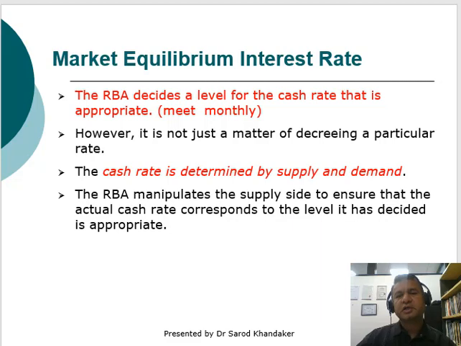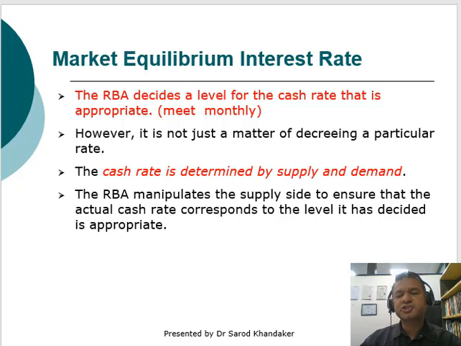The current target inflation rate of the RBA is about 2 to 3%. And Australia has actually been reaching this 2 to 3% inflation rate for the last couple of years, which is a very good situation for the RBA. So the RBA will be looking at the inflation rate, the unemployment rate, and also the cash rate.